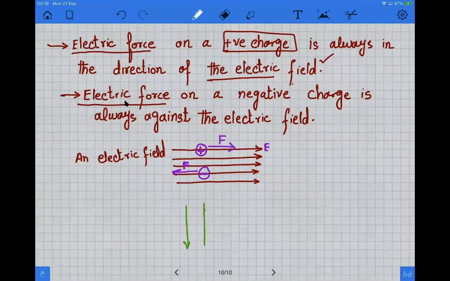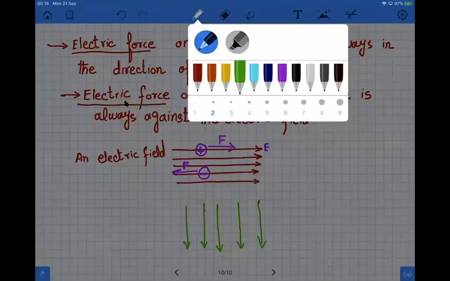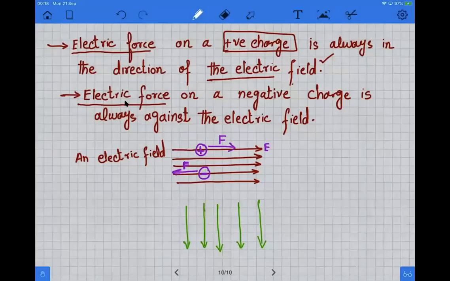You may have an electric field that is vertically downwards. Electric field is always directed from high potential to low potential. For example, this field represents that the left-hand side would have been a high potential, while the right-hand side will have been a low potential.